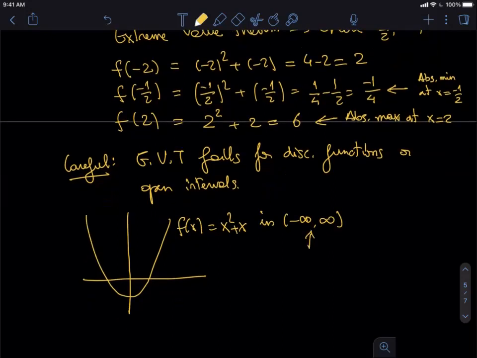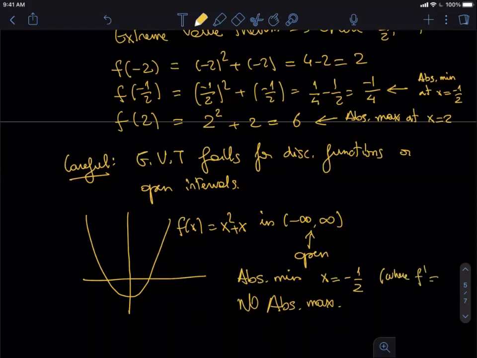This is considered open, and in this case, there is an absolute minimum, but there is no absolute maximum. Where is the absolute minimum? The absolute minimum is at x equals negative 1/2, which is the point where f prime is 0.